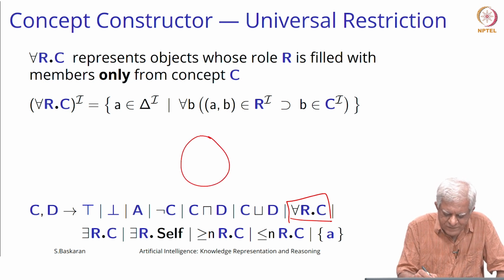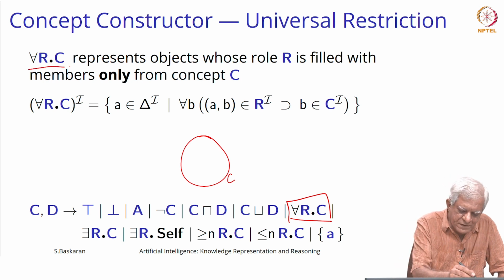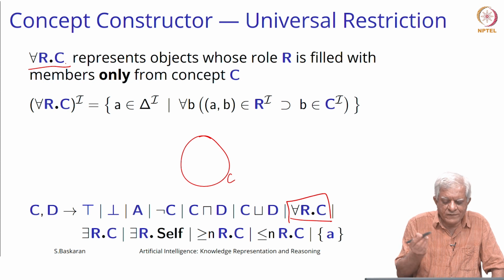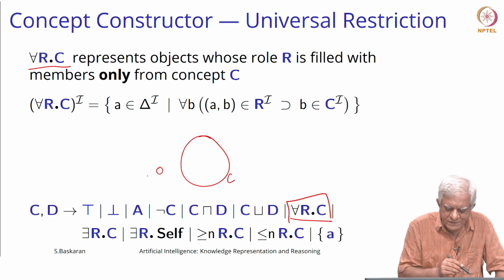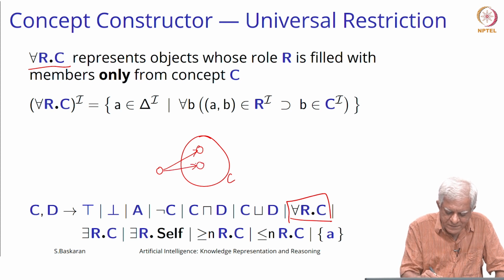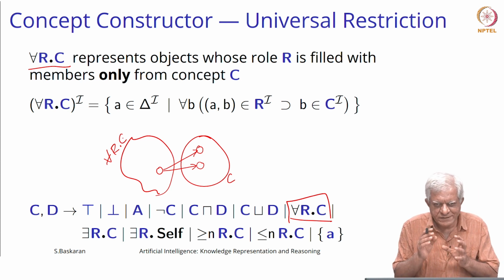So, first we have something called a concept C, and now we are trying to define this new concept whose all role fillers come from the class C, which basically means that if I have this element here and it is related to another element here and it is related to another element here, then I can put it in this class for all C. See, this class we have not given it a name, but we have given a description of the class.